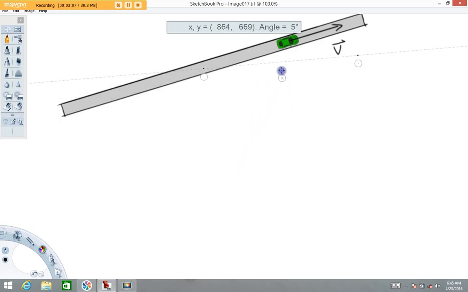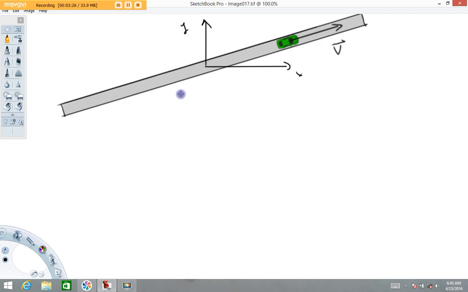Let's imagine it's rotating about this point right here. I'm going to put a coordinate system here, an x-axis and a y-axis. Now, the position vector of the car, we're going to start with that.